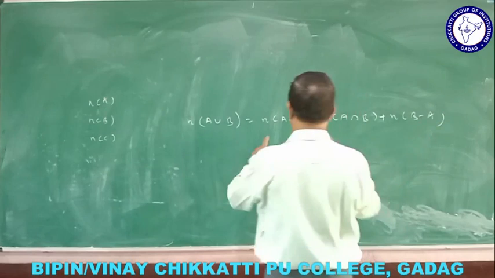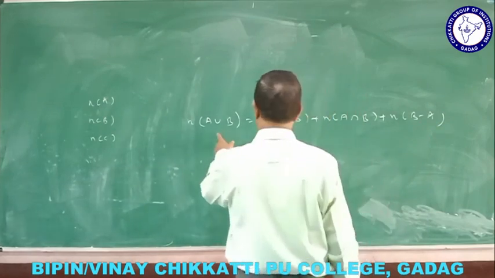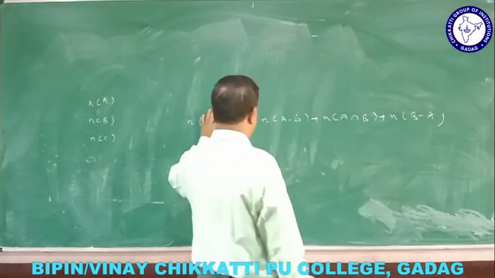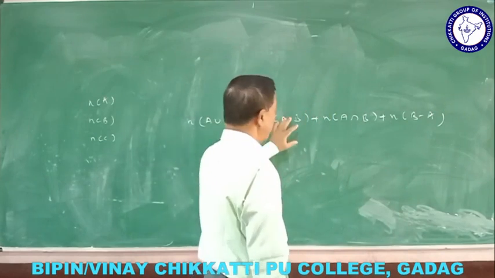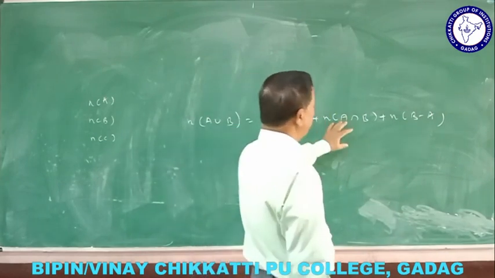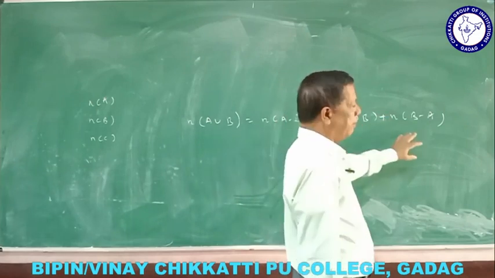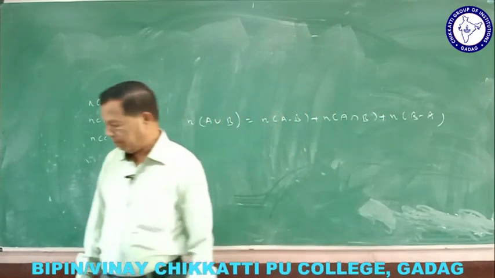Because all these are disjoint. So the number of elements in A union B is equal to the number of elements in A minus B, in A intersection B, and in B minus A.